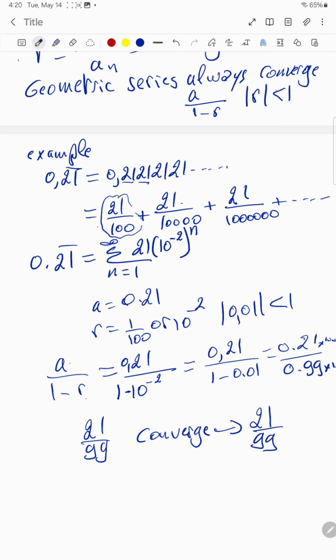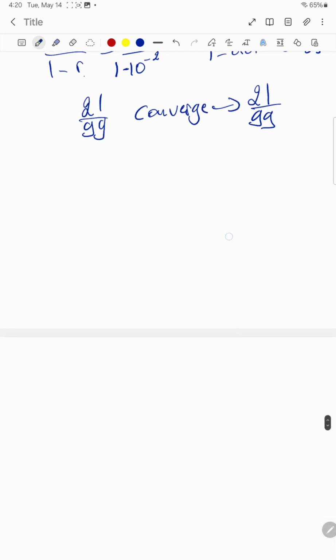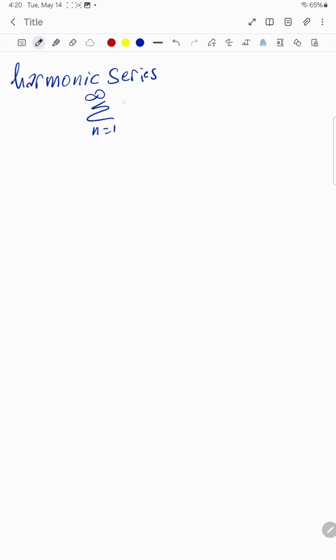So the next series is the harmonic series. A harmonic series looks like this: the sum from n equal 1 to infinity of 1 over n.